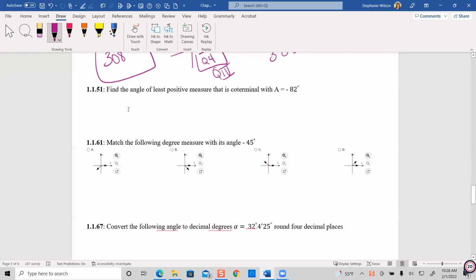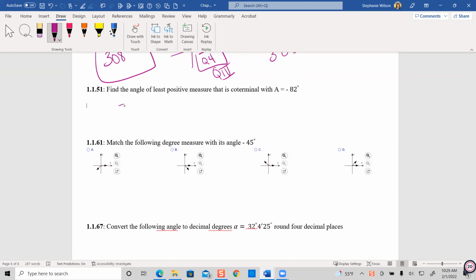I wanted to do, let's find the angle of least positive measure that is coterminal with A equaling negative 82. So remember that we have a difference of 360 degrees.